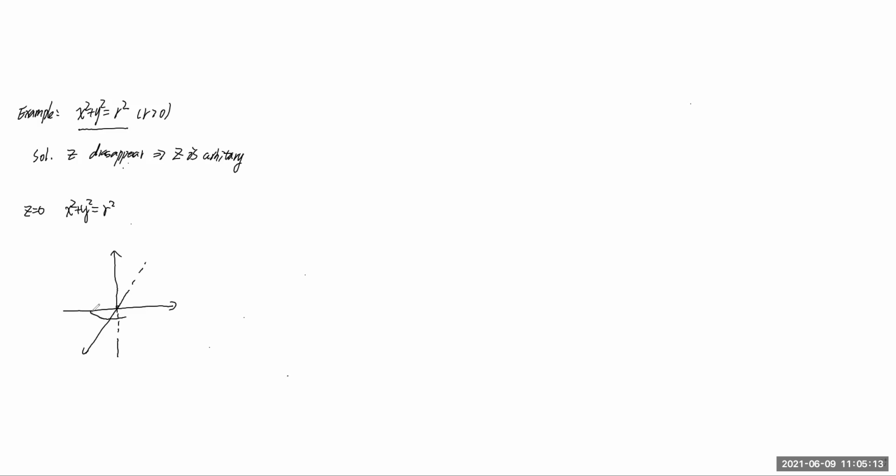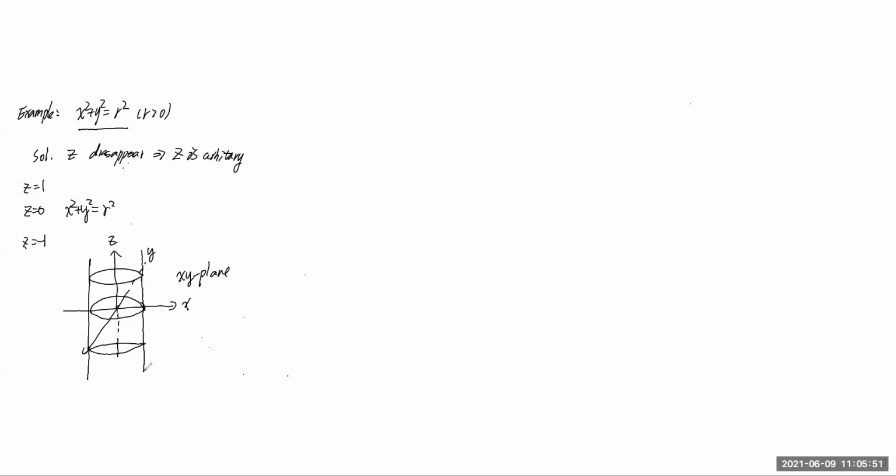It should be a circle in the x, y plane, right? This is the circle. When z is 1, you just move this circle upward by 1, and you get another circle. If z is -1, you move this circle down. Finally, you collect them together for all z, going up to infinity and down to infinity.